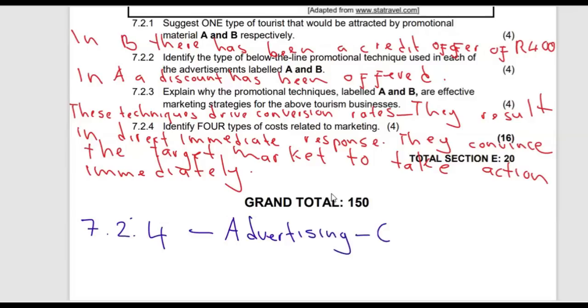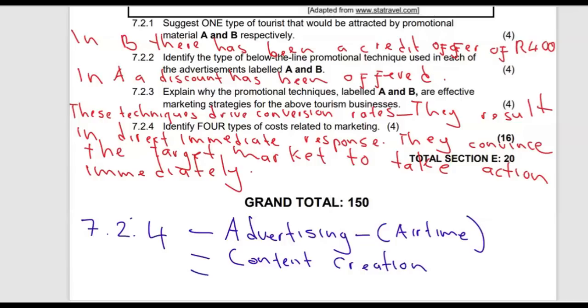You pay for airtime, especially if you're broadcasting on air. You pay for airtime or airspace. Then content creation itself, generating content, is an expensive exercise. Then sales promotion through offering discounts.